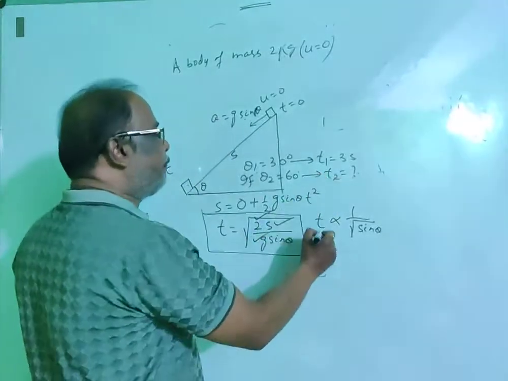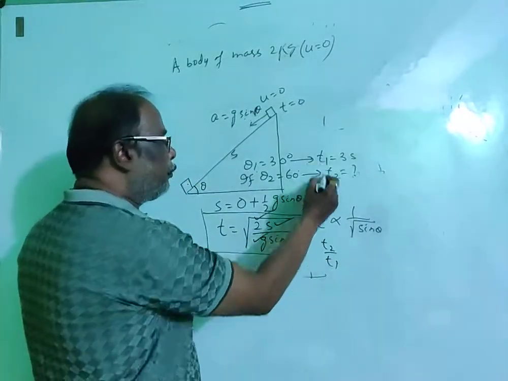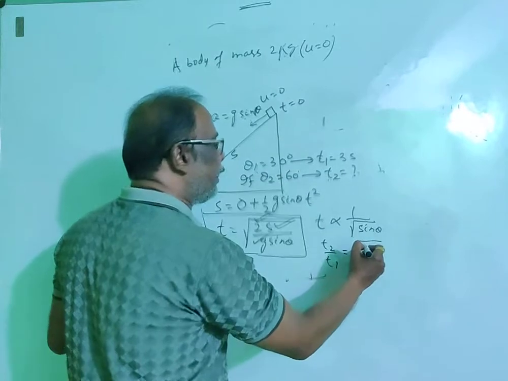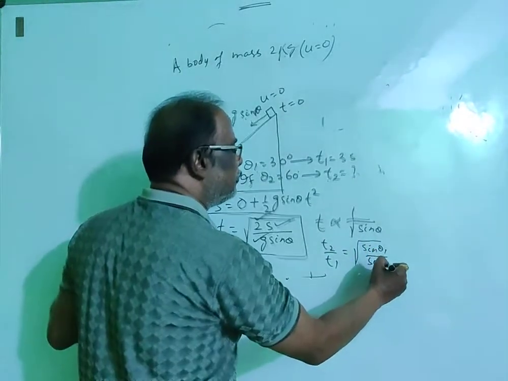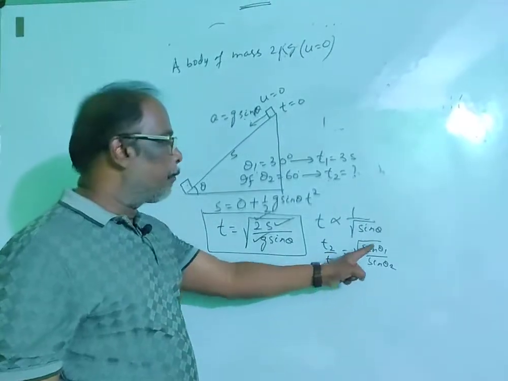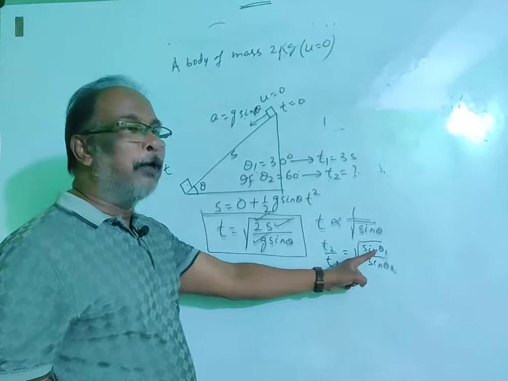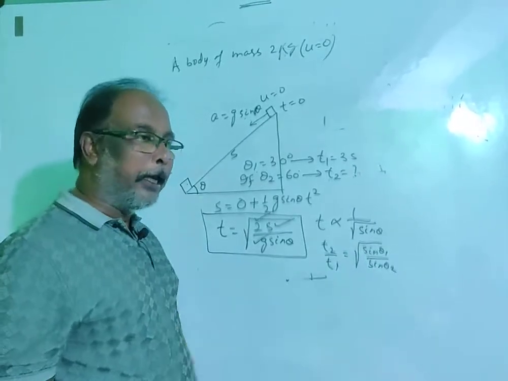Then T2 by T1 is equal to the square root of sin theta 1 divided by sin theta 2. T1 is inversely proportional to root of sin theta 1, T2 inversely proportional to root of sin theta 2.